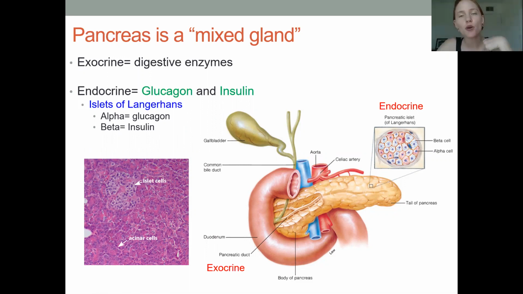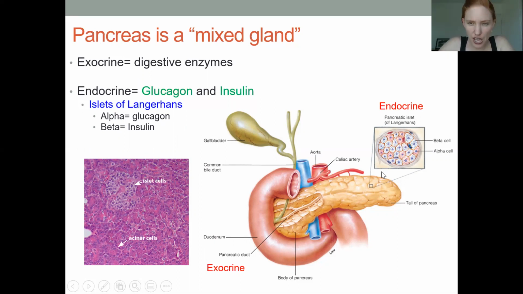It also has some bicarbonate, that kind of stuff. That would mean that it is part of the exocrine system because it's secreting onto a surface. Even though it's inside, the small intestine would still be a surface because it is continuous with the outside. So it's an exocrine gland, and it is also an endocrine gland.